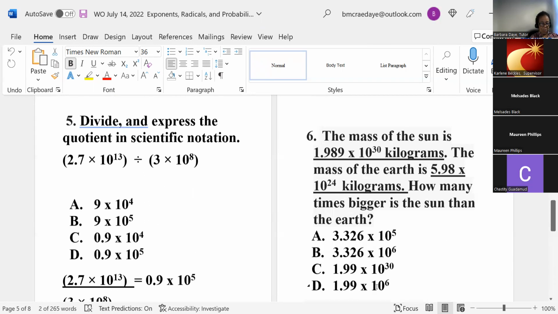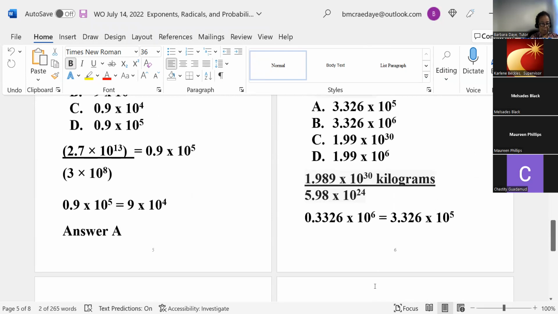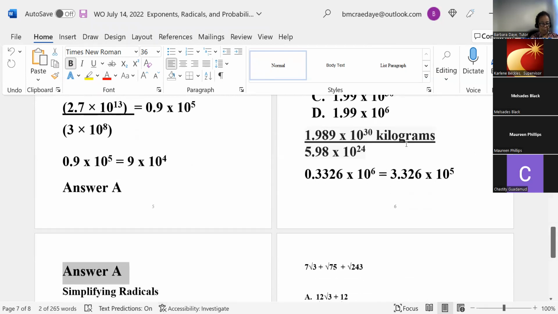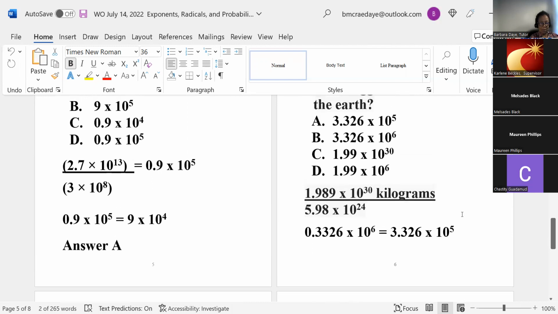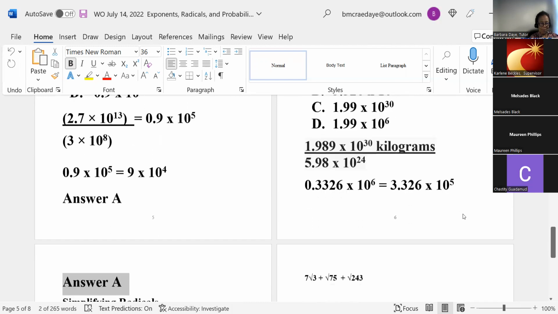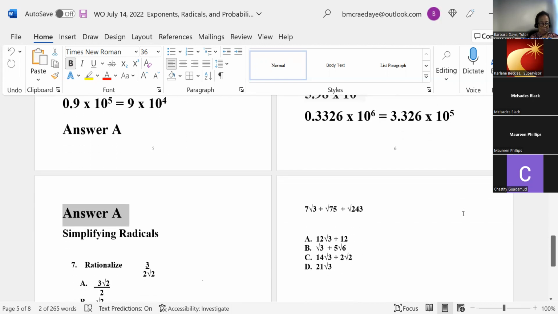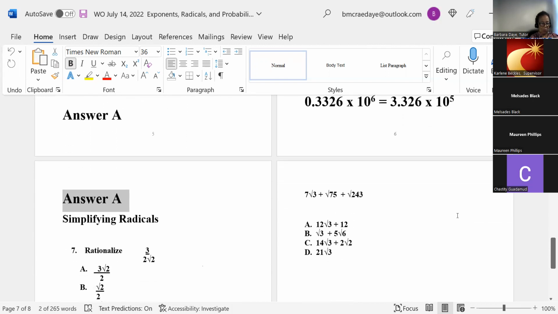Number 6 was A. That's 3.326 times 10 to the 5th, because you increase 0.3326 by moving one place to the right, it became 3.326. So your power then goes down by 1 from 6 to 5. Okay, miss, I'll try and remember that part of it. We're going to do some examples of those.